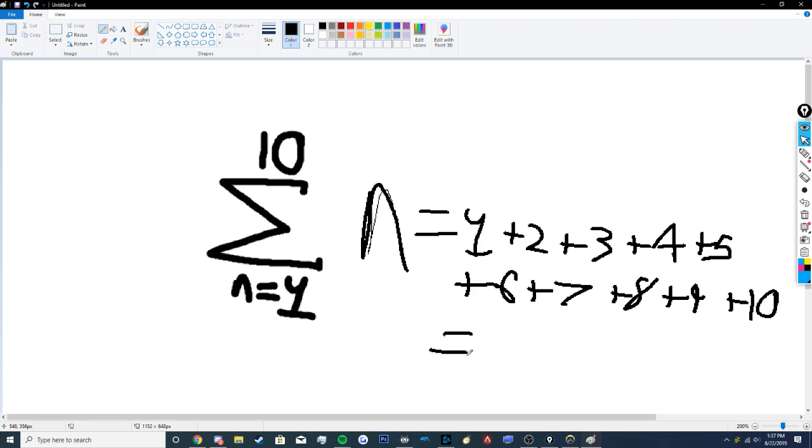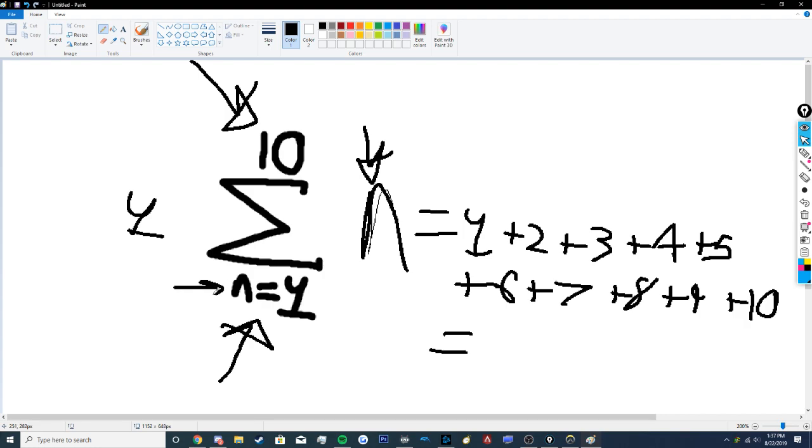It equals that. The reason being is that this is the variable. This is saying what the variable starts at, and this is saying what the variable will end at value-wise if you increment this by 1 each time.